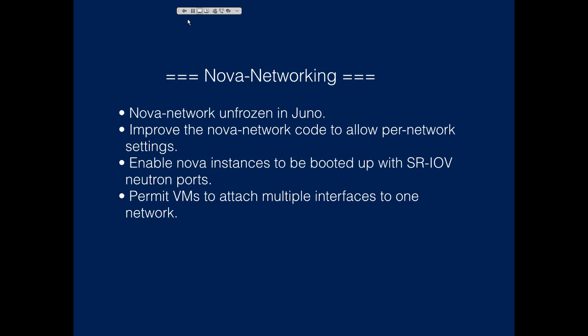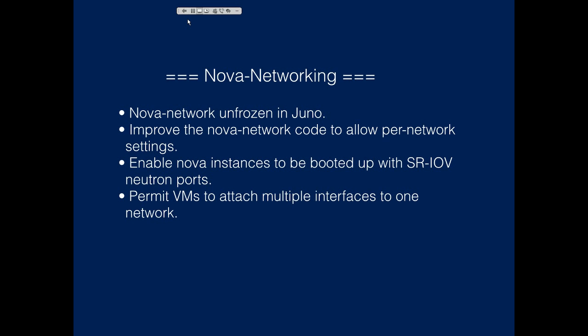Something related to Nova networking. Nova network was unfrozen in Juno. It was basically to allow parity between Nova network and Neutron, such that when and if Nova network gets deprecated, it will be easy for operators who are running Nova network right now to migrate their workloads to Neutron.